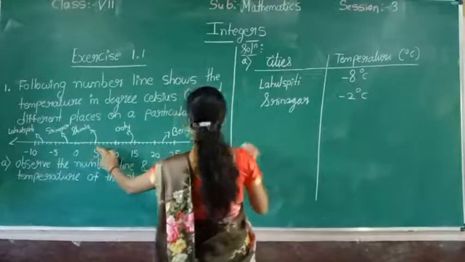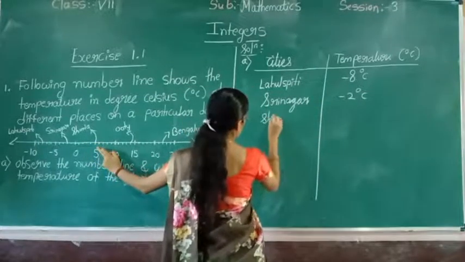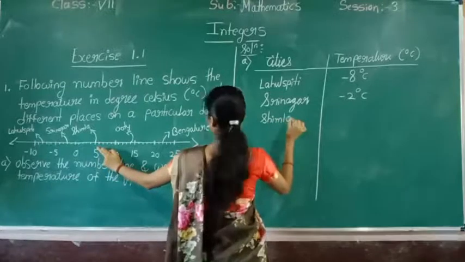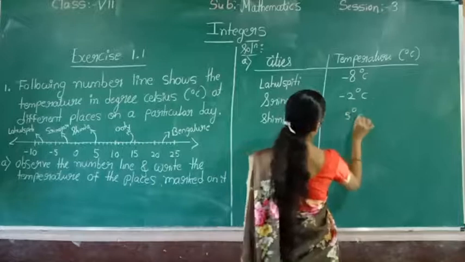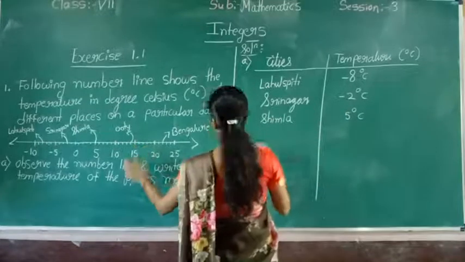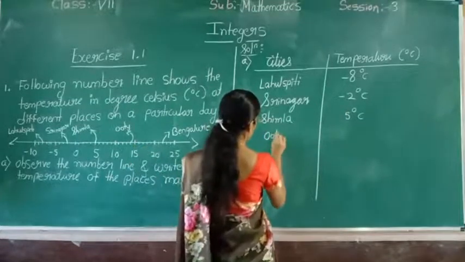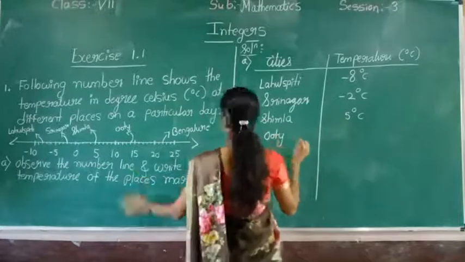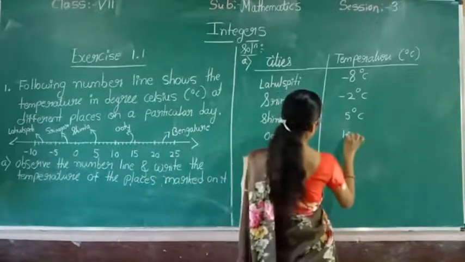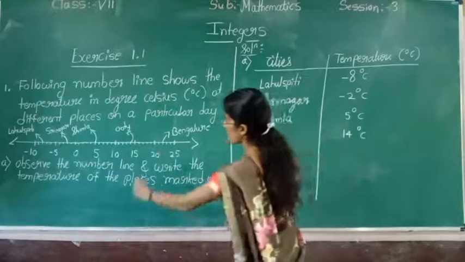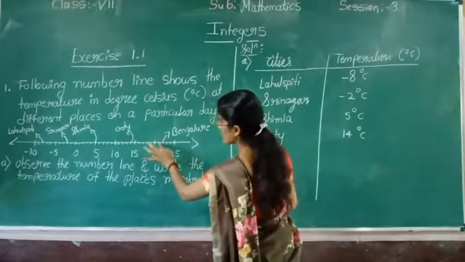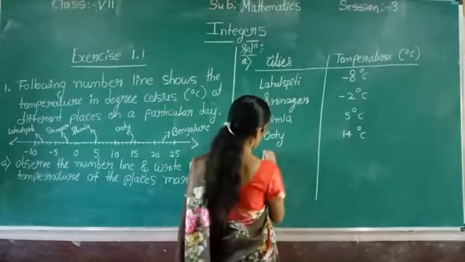Shimla temperature is 5 degrees Celsius. Ooty temperature is 14 degrees Celsius. And what about Bengaluru? See here 20, 21, 22. Bengaluru temperature is 22 degrees Celsius.